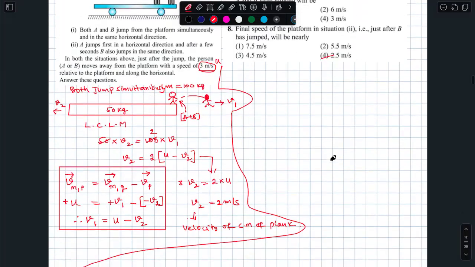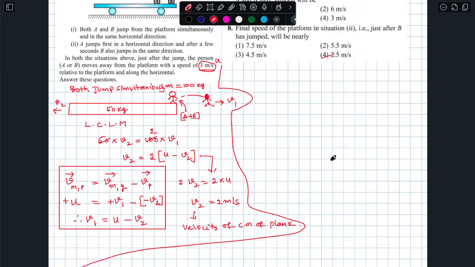Now again, we need to do the problem one after the other. When jumping is happening one after the other, what happens?